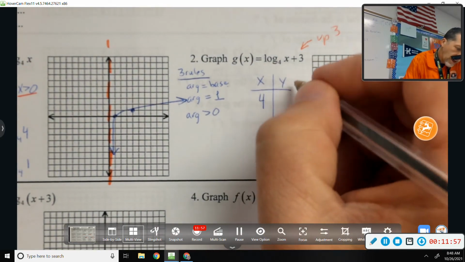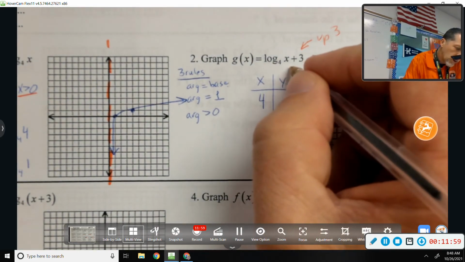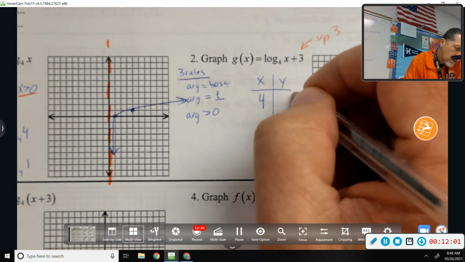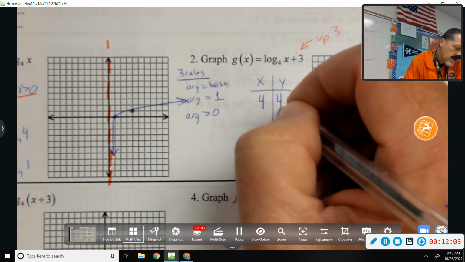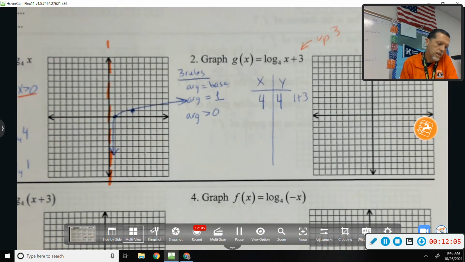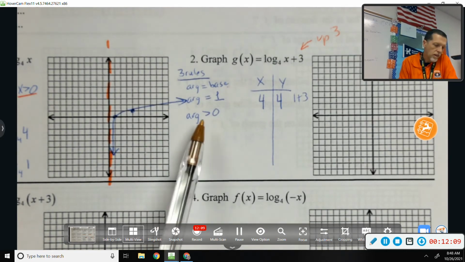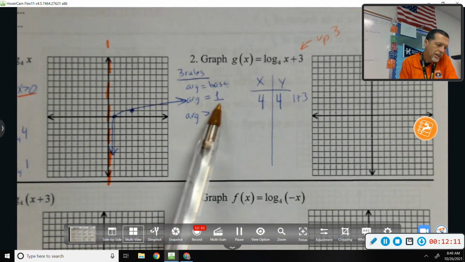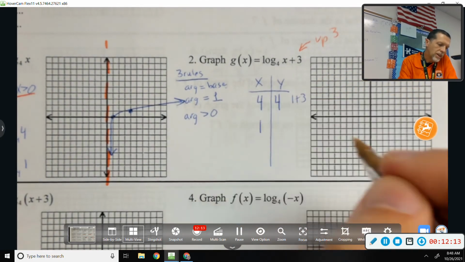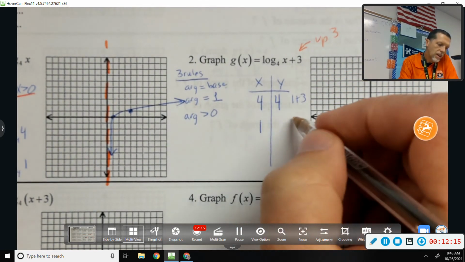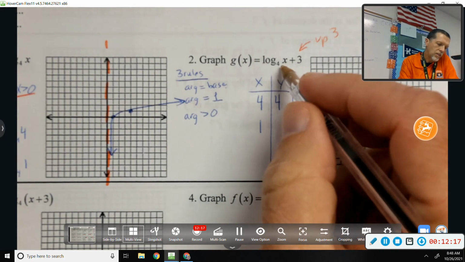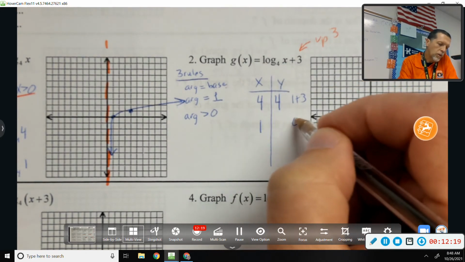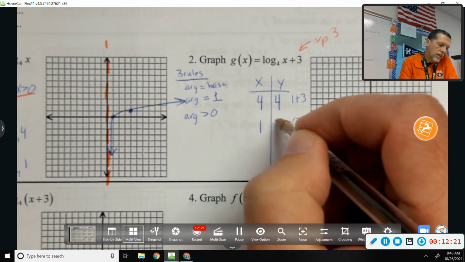And then we'd have log base 4 of 4, which is 1. And 1 plus 3 is 4. If I want the argument to equal 1, then I'll put 1 in there. And that means log of 1 is 0, but 0 plus 3 is 3.